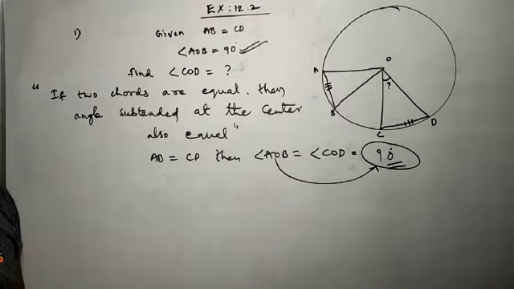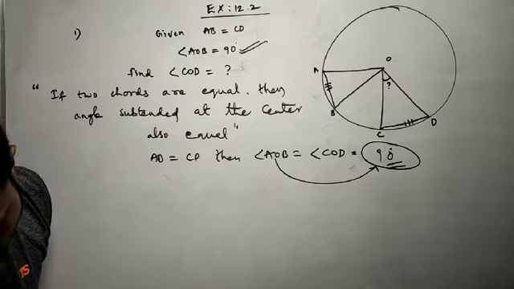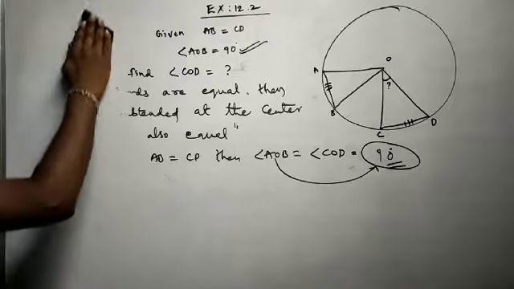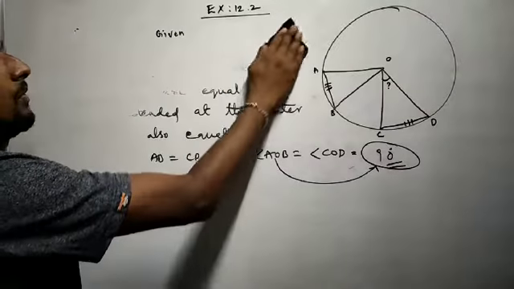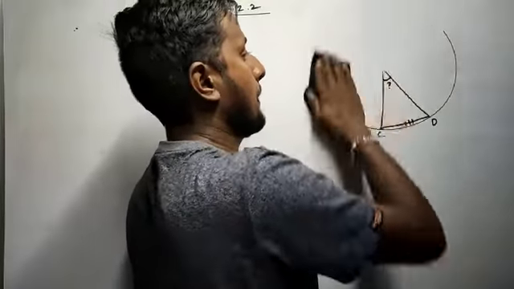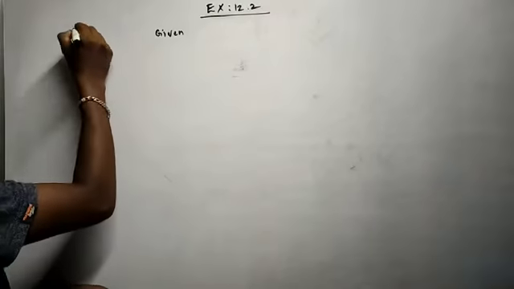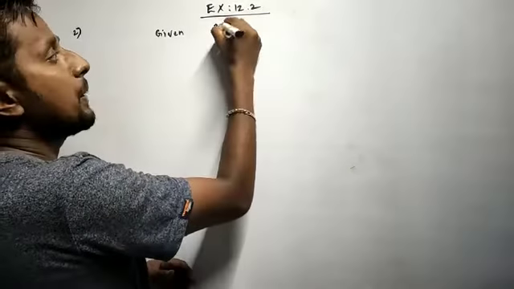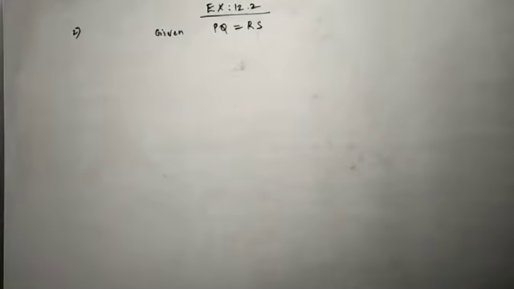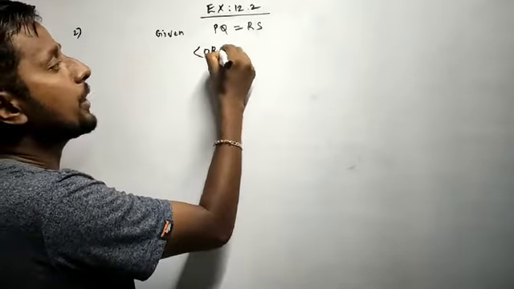And if we go with the second one, PQRS, PQ is equal to RS and angle ORS is equal to 48 degrees. Then find angle OPQ. Given information is PQ equals RS and ORS equals 48 degrees.